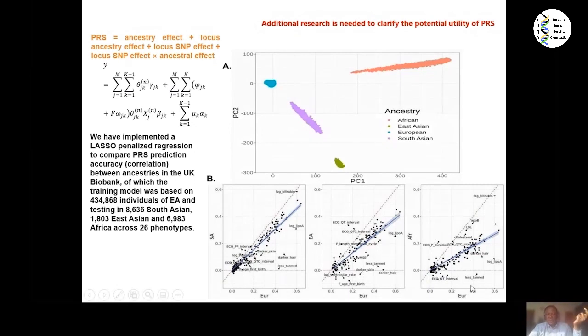And when we come to the African, we see a huge dispersion across all 26 phenotypes over here. So the take-home message is that genetic risk prediction accuracy decays with increasing genetic diversity between the training or discovery cohort and the target data.